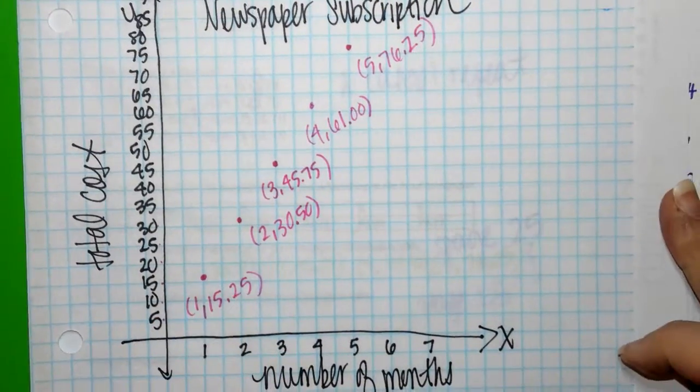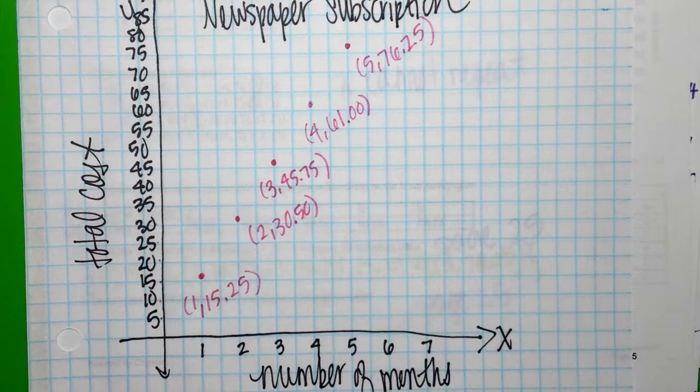So all of that needs to be on your graph. You need to label your x-axis, your y-axis, and the graph. Are we ready?